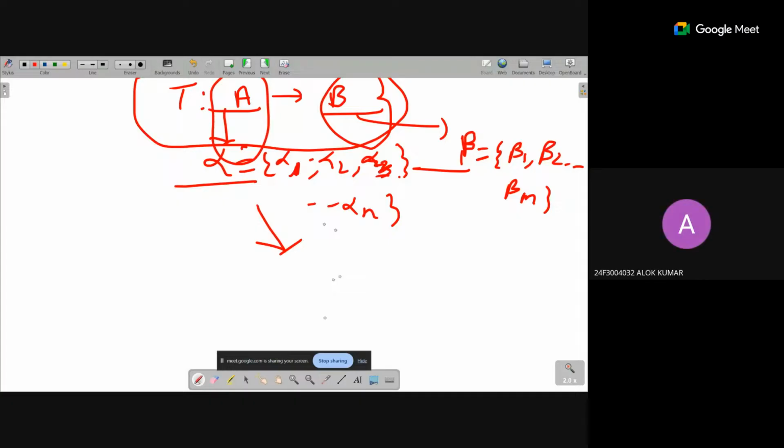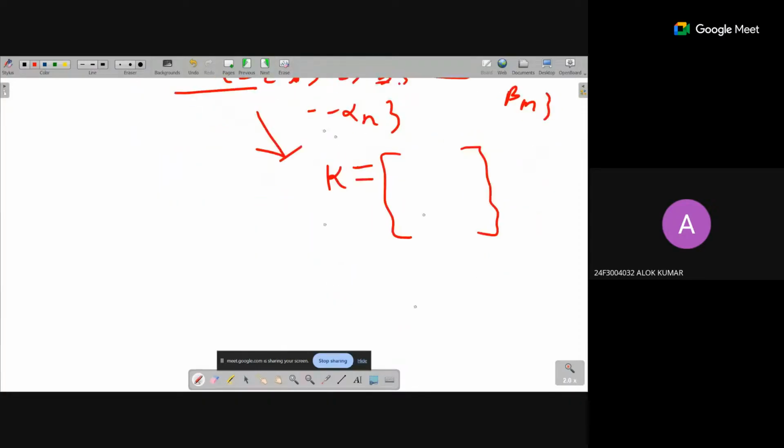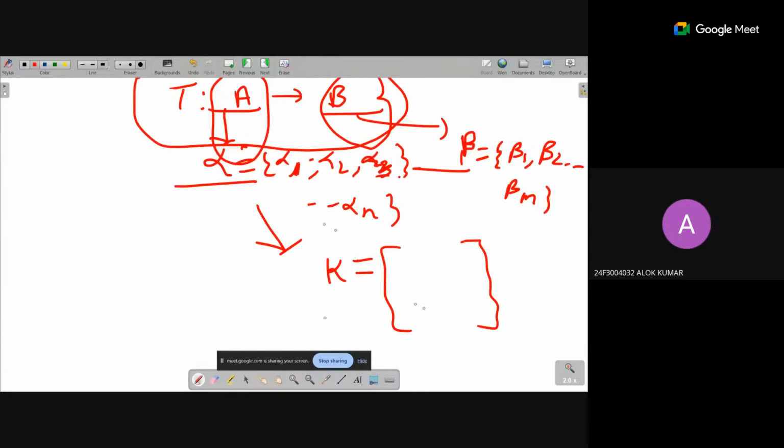Suppose we name this matrix K. We will see a question where we have to write the matrix of a linear transformation, and we will learn how to do it.